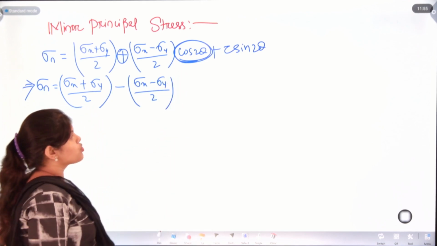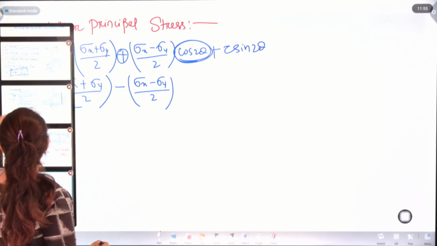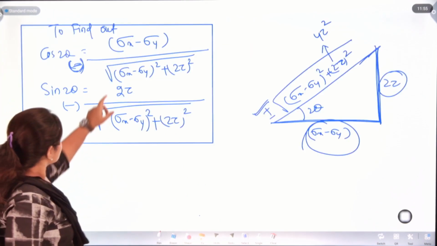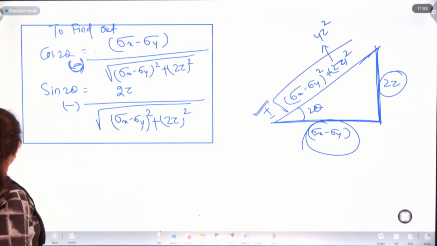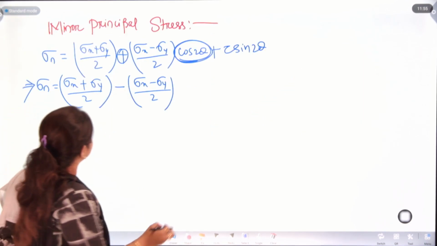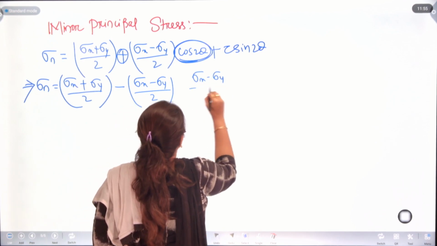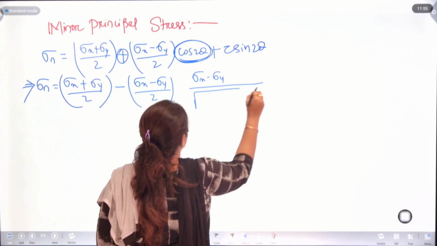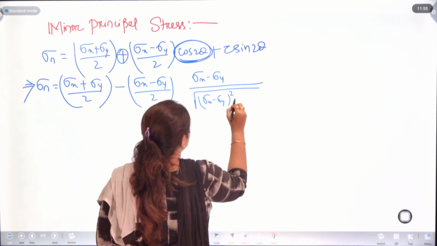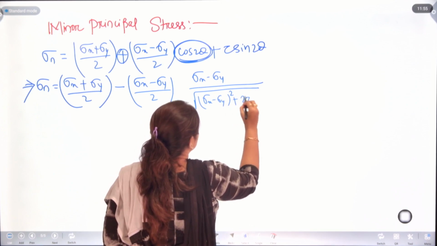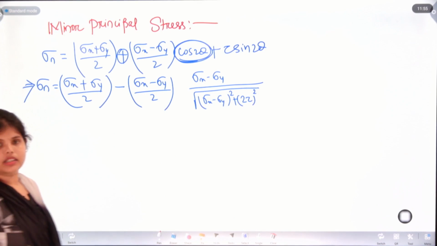In case of cos 2 theta, we already have the value sigma x minus sigma y by 2 upon root over of sigma x minus sigma y whole square plus 2 tau whole square, right?